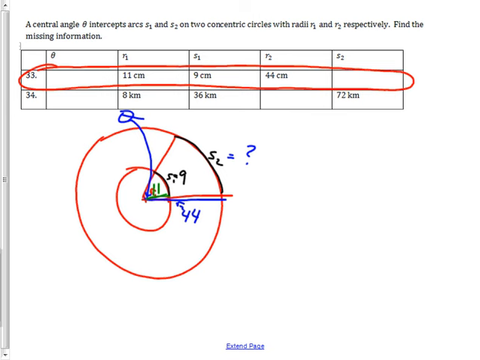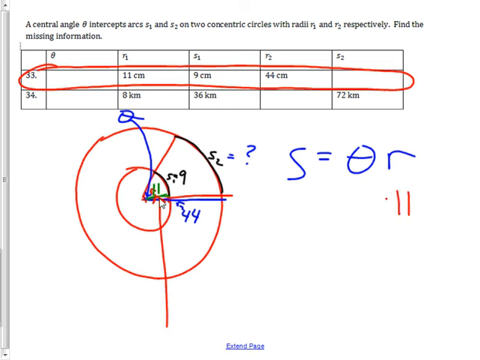We're going to have to set up, using S equals theta R, a little proportion. Actually, probably not a proportion. I'm just going to use the formula, S equals theta R. I'm going to start with the smaller circle here. This radius right in there of 11 goes right there, 11.